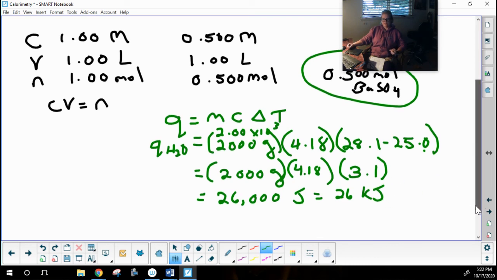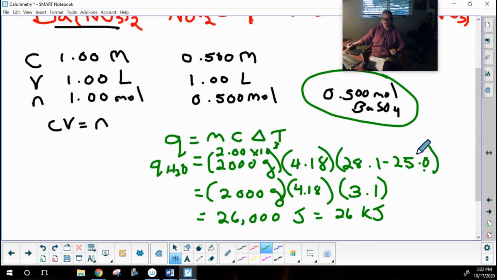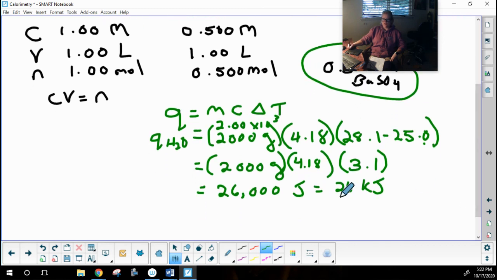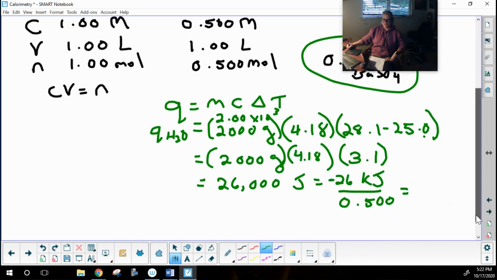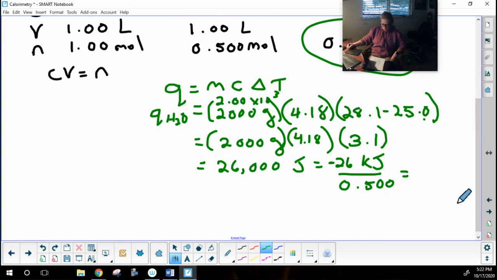Last step, we found how much heat was released for 2,000 grams, and we know this 2,000 grams created 0.500 moles of product. So for 0.500 moles of barium sulfate created, I released, and I should put a negative sign here because I'm releasing it, 26 kilojoules of heat for every 0.500 moles.